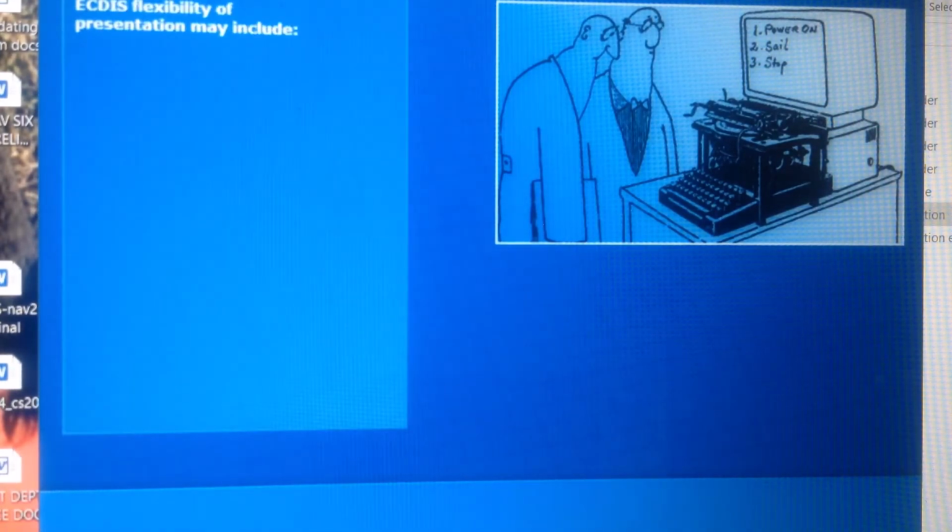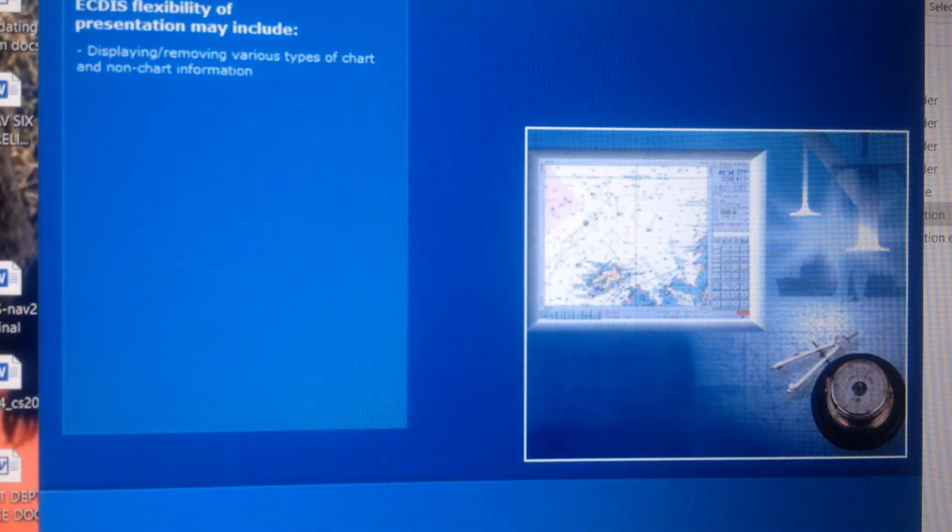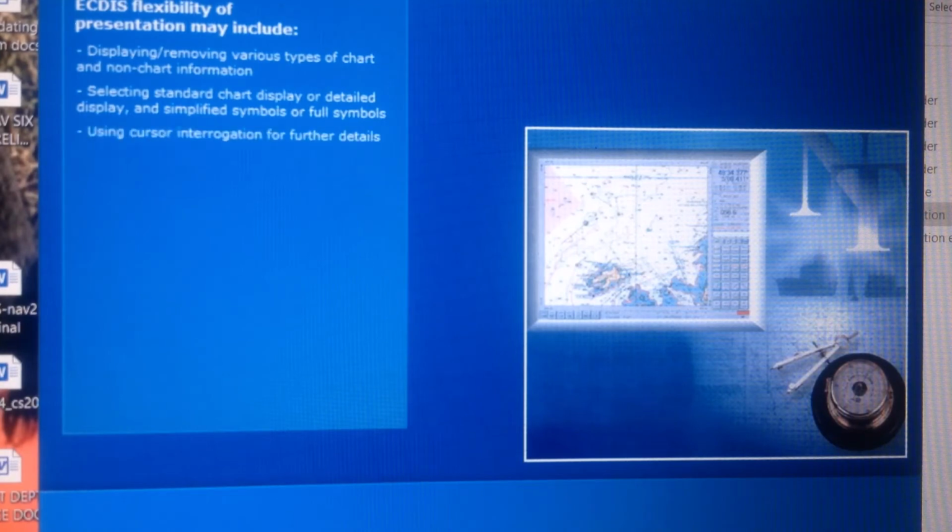ECDIS flexibility of presentation may include displaying and removing various types of chart and non-chart information, selecting standard chart display or detailed display, simplified symbols or full symbols, and using cursor interrogation for further details.